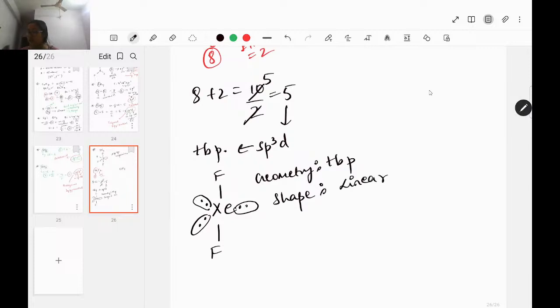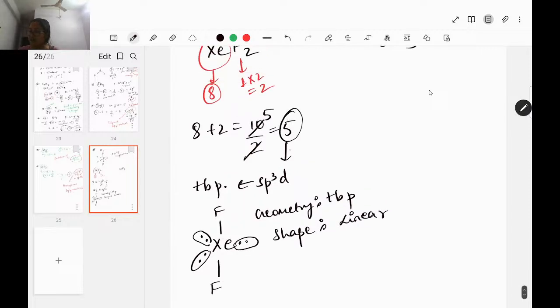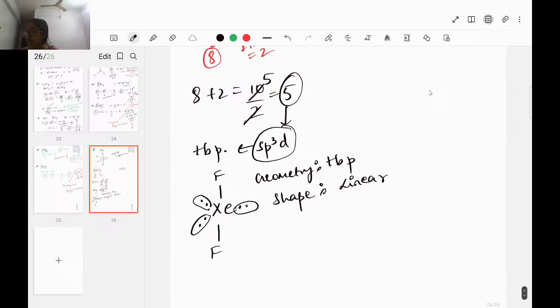Geometry will never change. Whatever the steric number is, and whatever the hybridization corresponding to that, the geometry will always be the same. If it is sp3d, it has to be TBP, but the shape of the molecule will change depending on the number of atoms and many other factors. The shape over here, you can clearly see there are 3 lone pairs and only 2 fluorine atoms, so you can't really say it is a trigonal bipyramidal shape. The shape will obviously look linear to us.